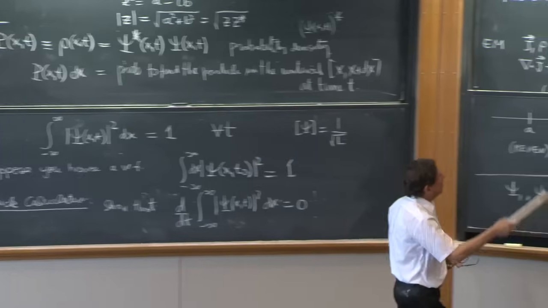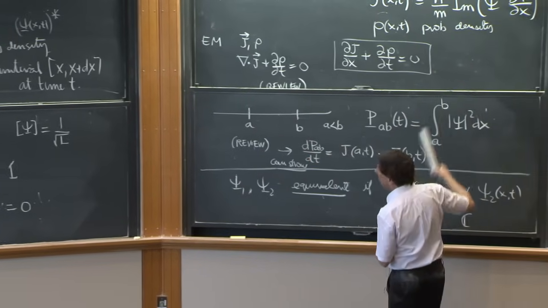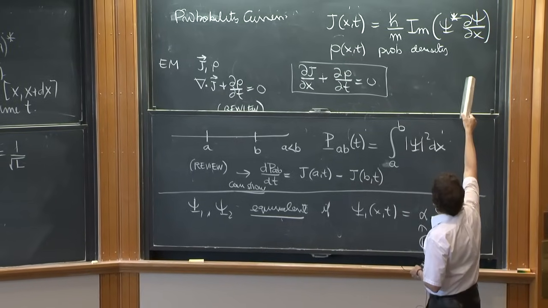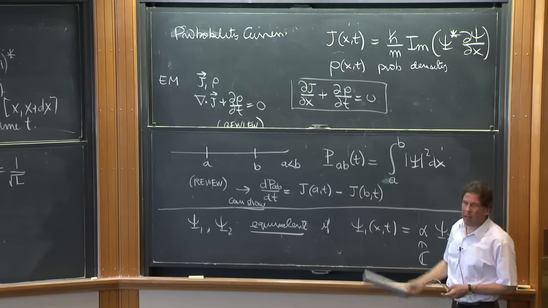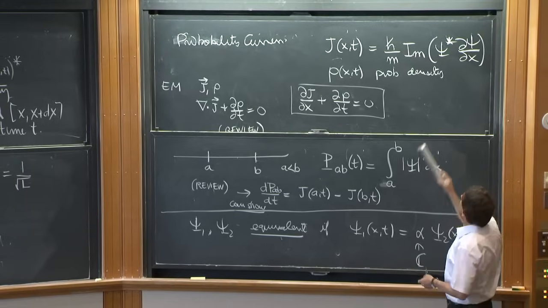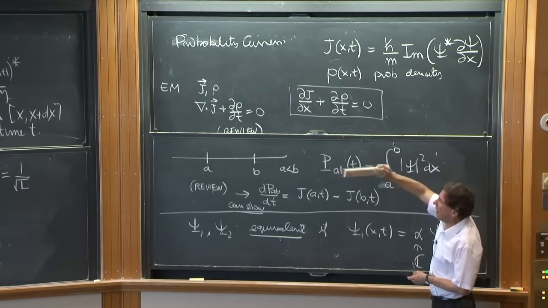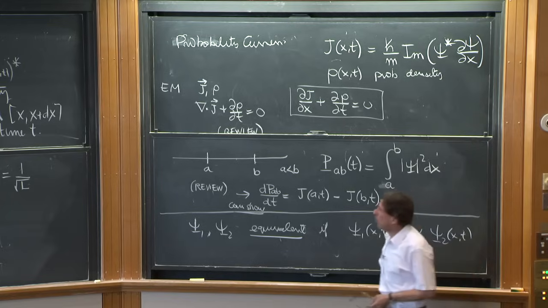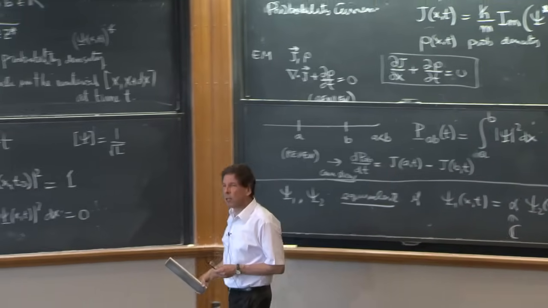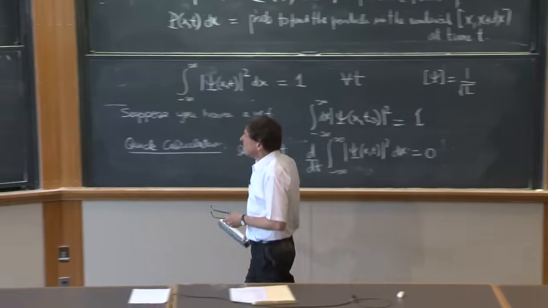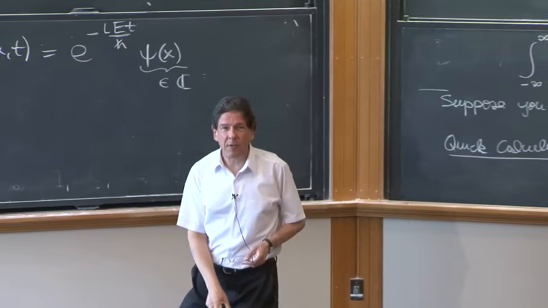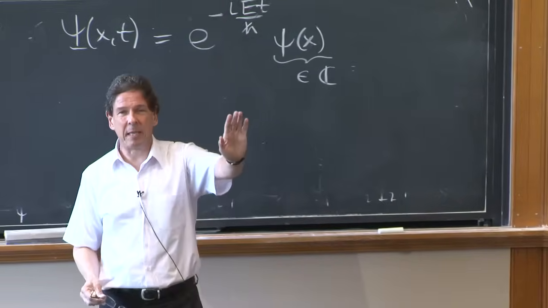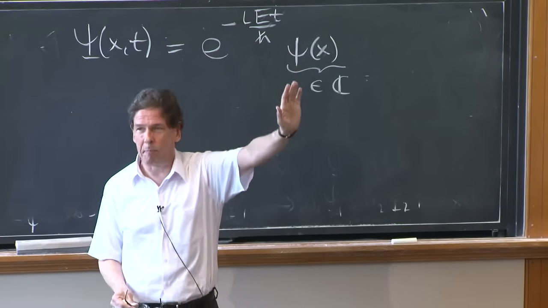Same thing here for the current J. The x derivative doesn't do anything to that phase, so the phase e to the iEt over h bar cancels there too, and the current also has no time dependence. This will be the case for any time-independent operator.